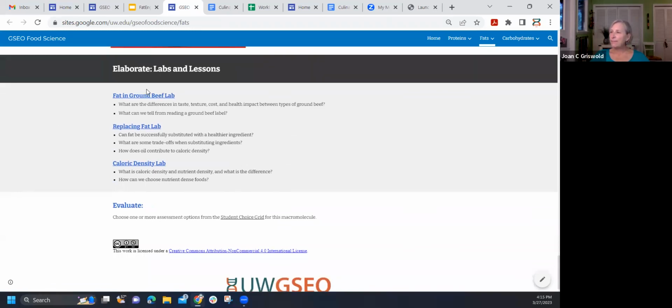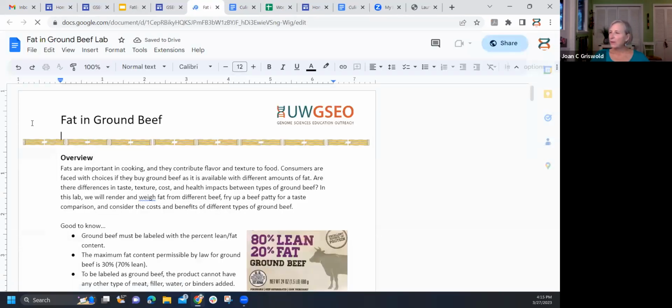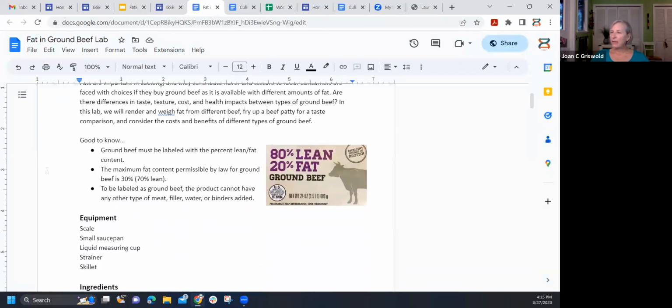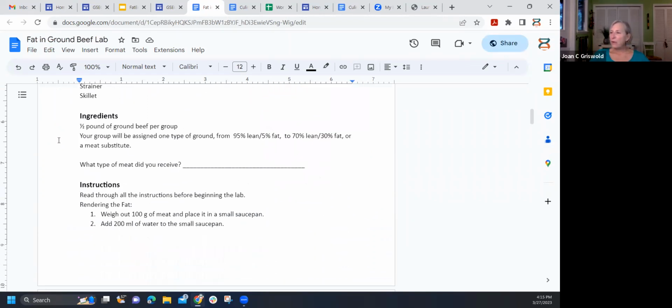And there are 3. So one of them is fat in ground beef, where students get different amounts of fat, like 95% lean, 80% lean, in their ground beef. They weigh it out.